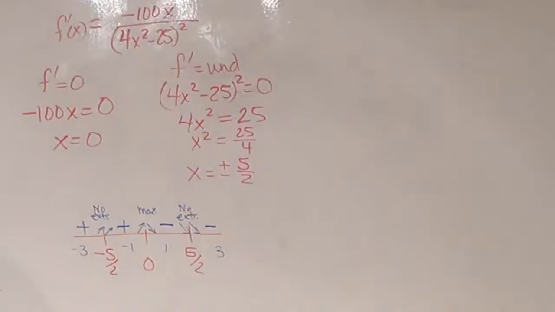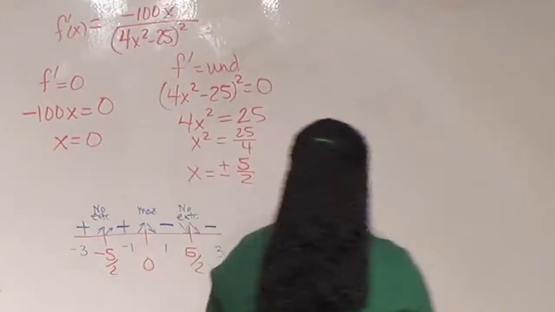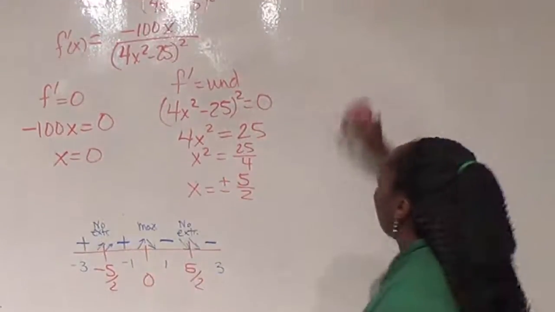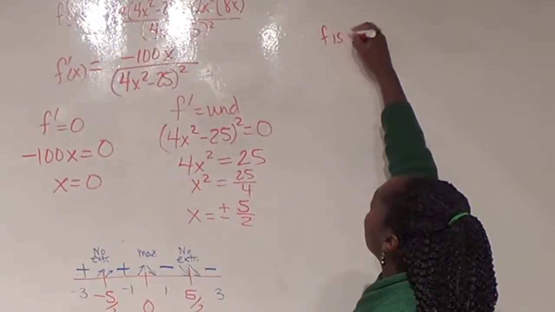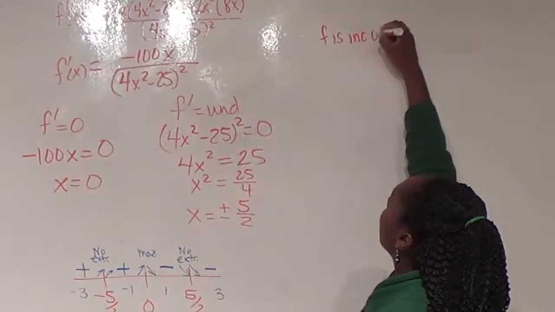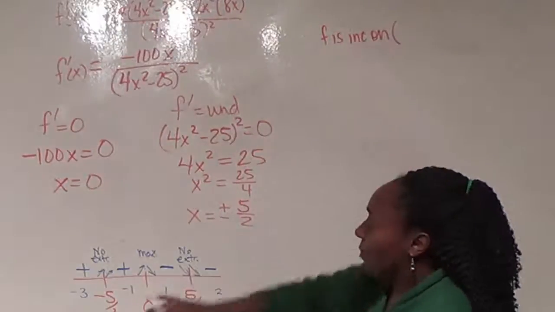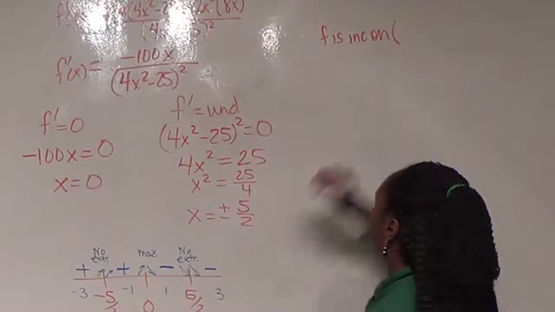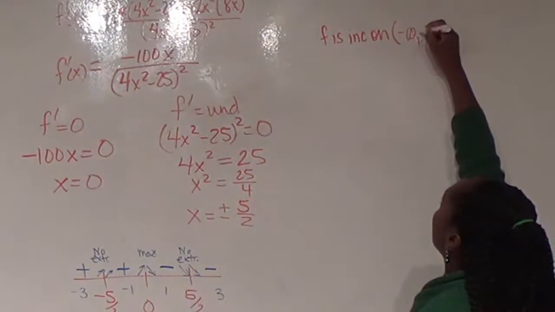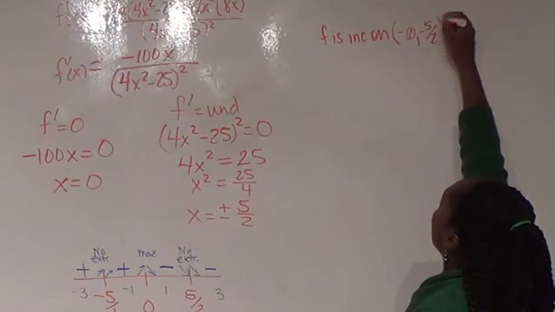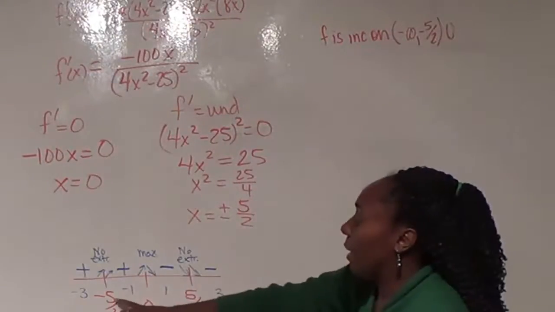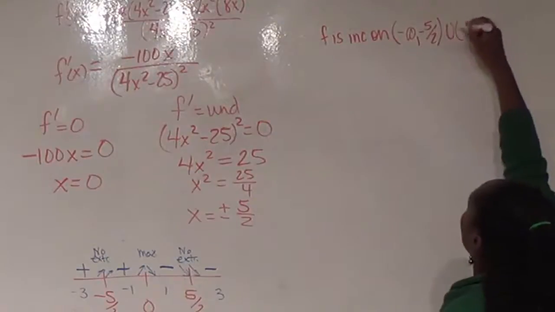So now we're going to list this information and then get our graph. So f is increasing on the interval from negative infinity to negative 5 halves, and again from negative 5 halves to 0.